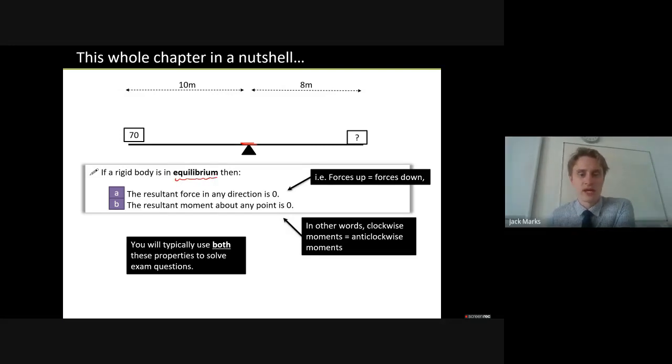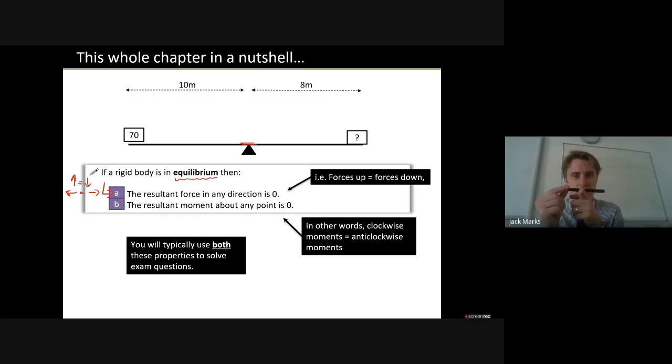So equilibrium, what does that word mean here? It has two consequences. The first one is one that you already know. Forces up equal forces down. Yeah. Forces left also equal forces right. But that's kind of obvious, and you don't really use that property.